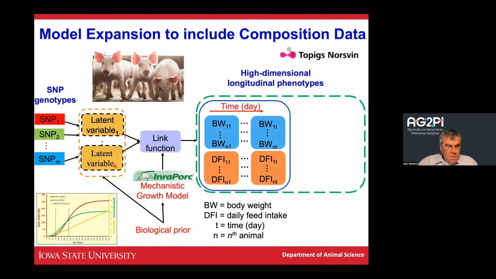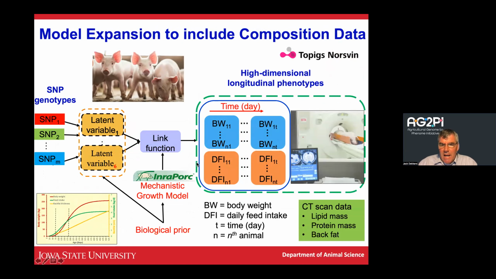So our next step was to incorporate fatness or lipid deposition. And to do that, we were actually able to utilize some very unique data that Topigs Norsvin has. Now, we could use the ultrasound back fat and loin-eye area and so on, but on their nucleus animals, on their boars, they use a CT scan to be able to measure detailed composition on the live animal.